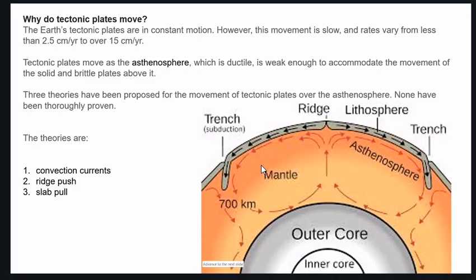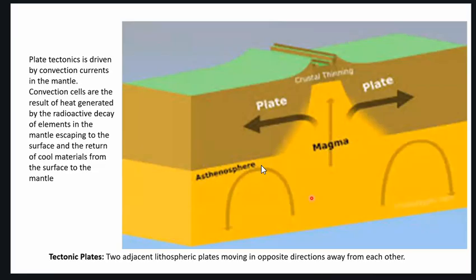Let me try to make you understand what convection is before we go into all that. Convection current is movement under high temperature. You know that atoms move under high temperature, right?